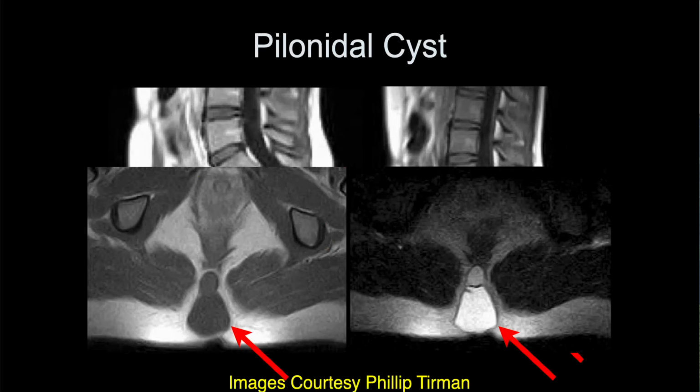It's not an uncommon problem, and not infrequently you have to go back and redo the procedure if you're not very careful with the first one. But it's a miserable condition to have. Usually these people are quite hairy also.